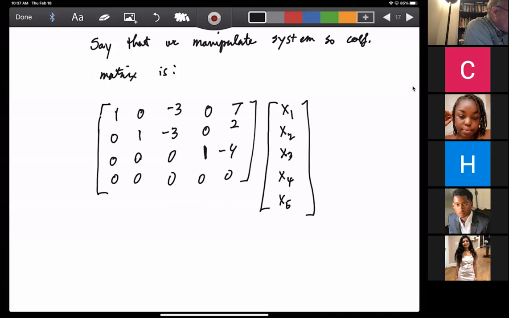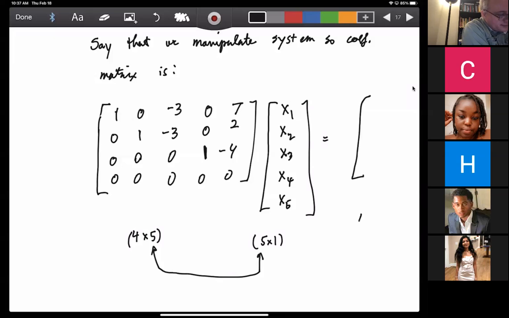So if I multiply this by a column vector on the right, there has to be 5 entries in that column vector. So this is a 4 row by 5 column, and this is a 5 row by 1 column. What are the dimensions of the product going to be? The 5s match, so we can multiply. The column is going to be 4 by 1, and we're going to have entries like that.